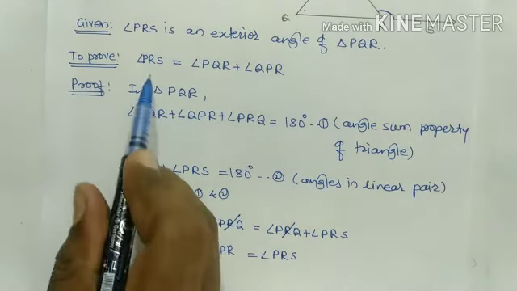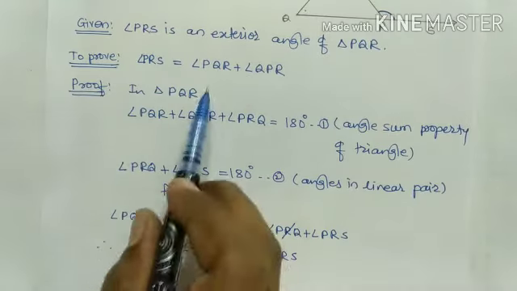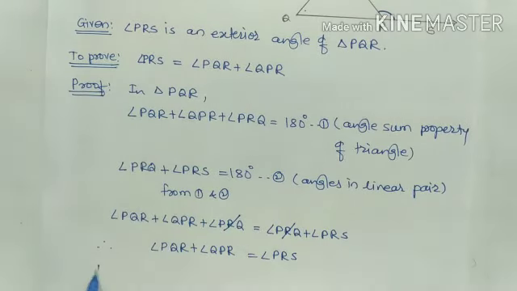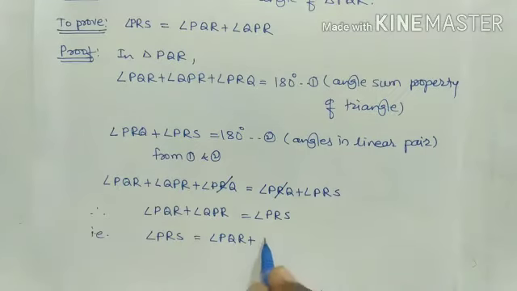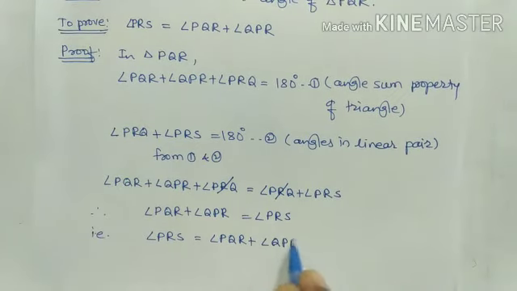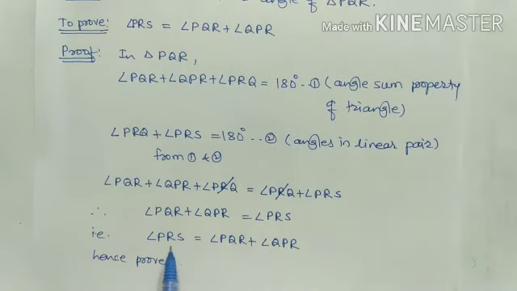आणि हेच आपल्याला प्रूव्ह करायचं आहे पहा, PRS equals to PQR plus QPR, that is angle PRS equals to angle PQR plus angle QPR, and hence proved. काय प्रूव्ह केले पहा, the exterior angle of a triangle, the measure of an exterior angle of a triangle is equals to the sum of its remote interior angles.